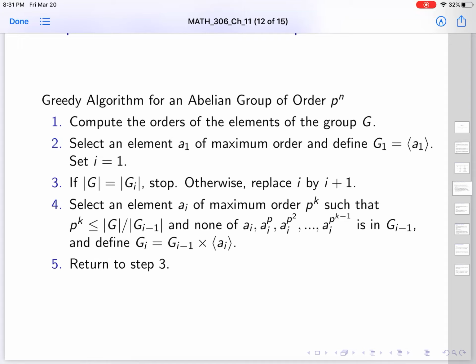We define Gi to be equal to Gi minus 1 internal direct product the cyclic subgroup generated by ai. At this point, we would return to step 3, check and see if the order of G is equal to the order of Gi. If it is, stop. Otherwise, we continue this process going 3 through 5 repeatedly.